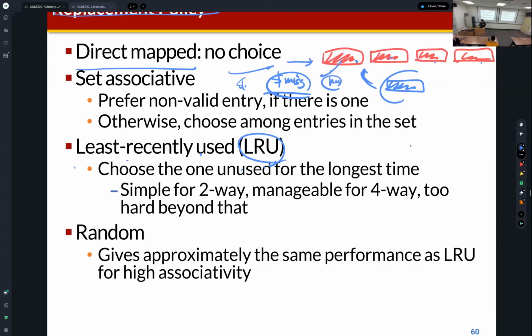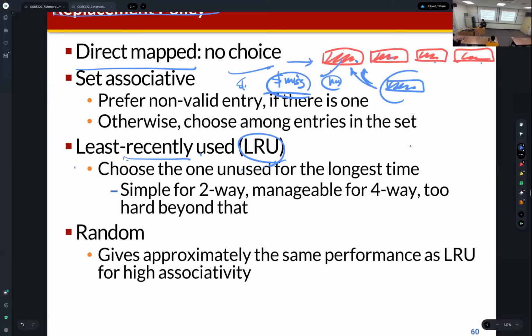In the miss case, the new block is allocated to the cache, and then this block is used by a processor. So use means the block in the cache is used by a processor.